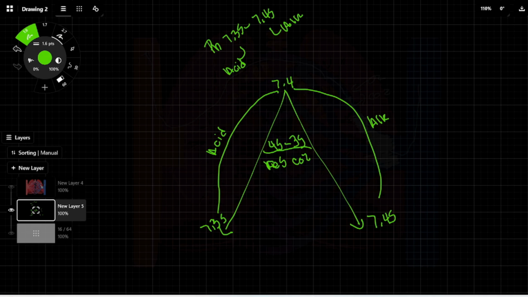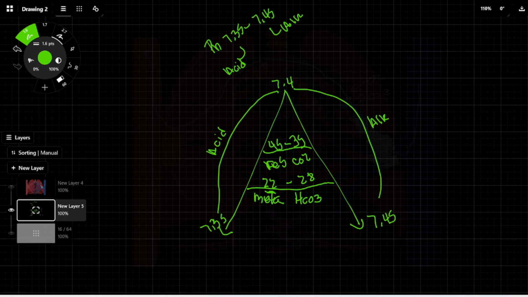The other value that affects pH is the metabolic, or the HCO3. And normal ranges are from 22 to 28. Now notice that the lower number on the metabolic is on the acid side, and that's because the less HCO3 I have, the more acidotic the patient is.